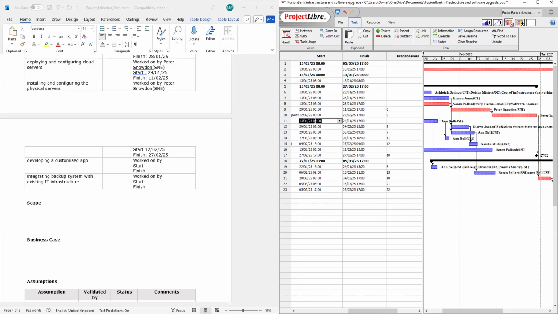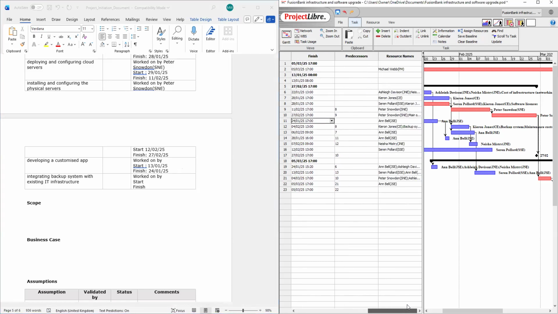Start date, finish date, and then resources, copy again.